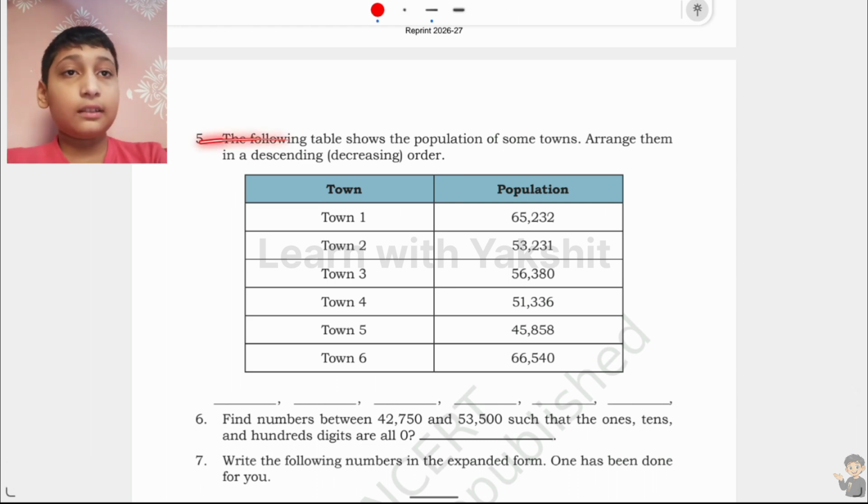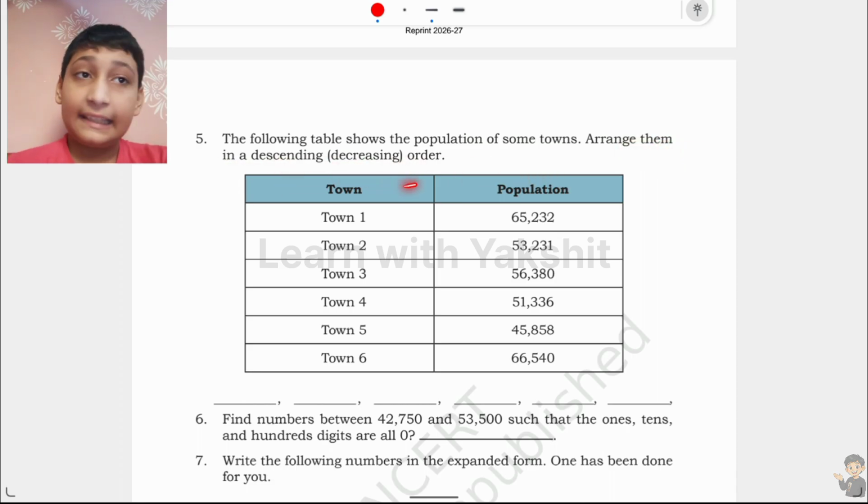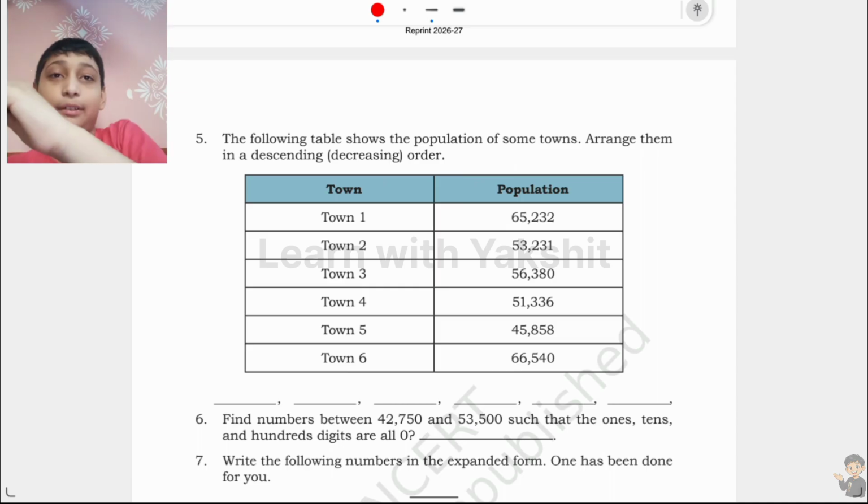The following table shows the population of some towns. Arrange them in descending order, decreasing order. Descending order is the biggest number to the smallest number.